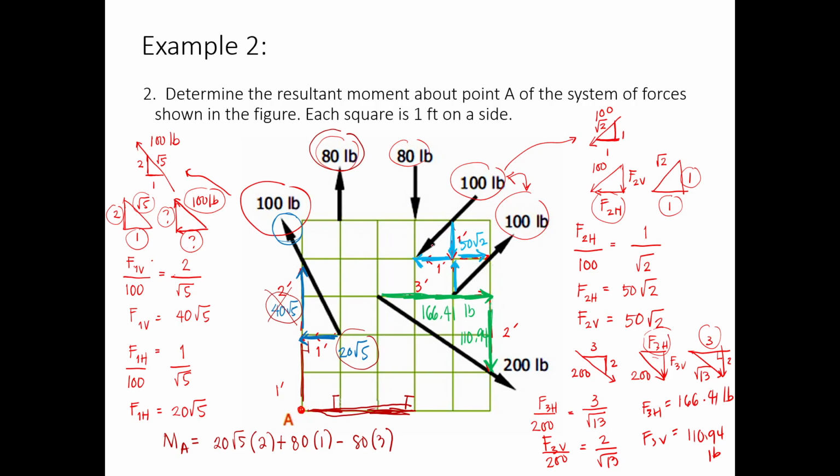Okay, so next is this component force. The rotation is counterclockwise, so that's 50 square root of 2, and then the distance is this one. So that will be 4 feet, right? Times 4.